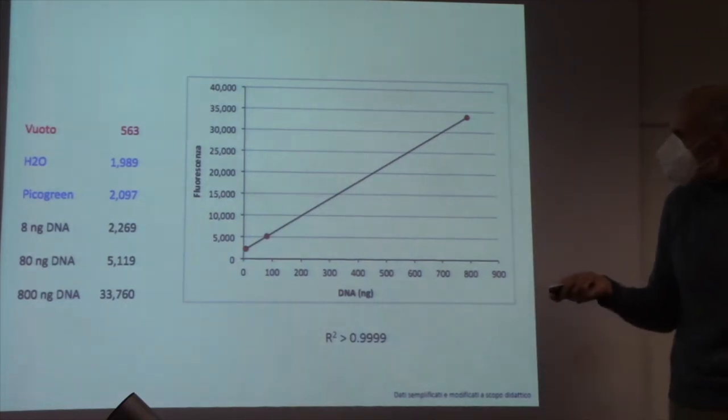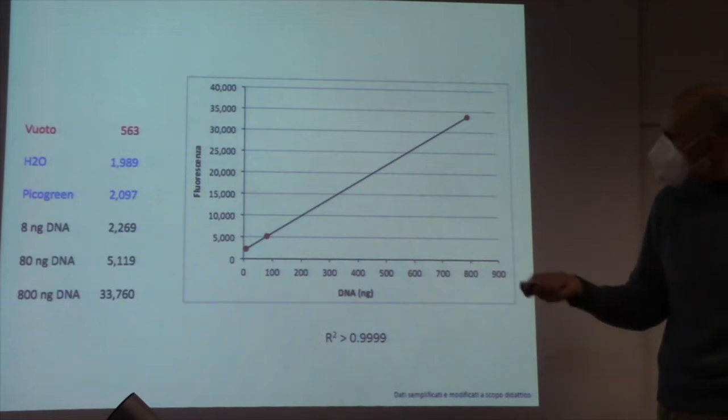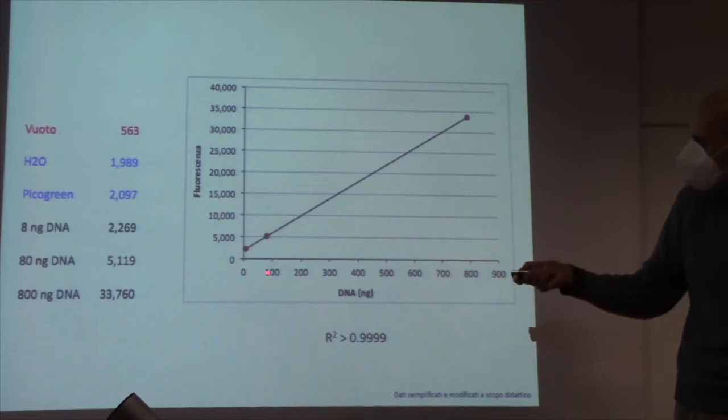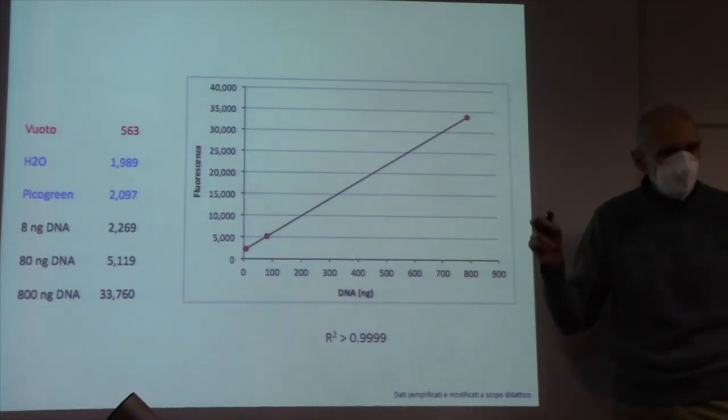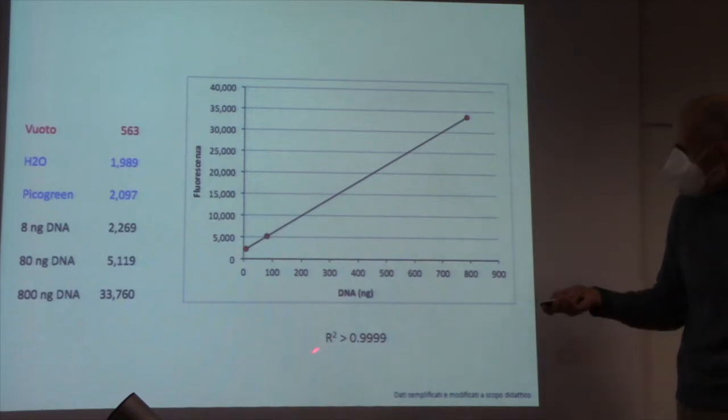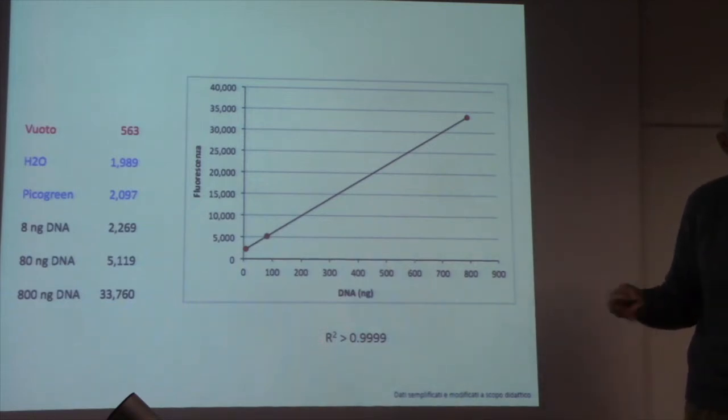Then in the other wells, Sarah added scalar amounts of DNA, 8, 80, 800, and you see they align very, very nicely on a line. We have an R square, which is a measure of correlation, of 0.9999.